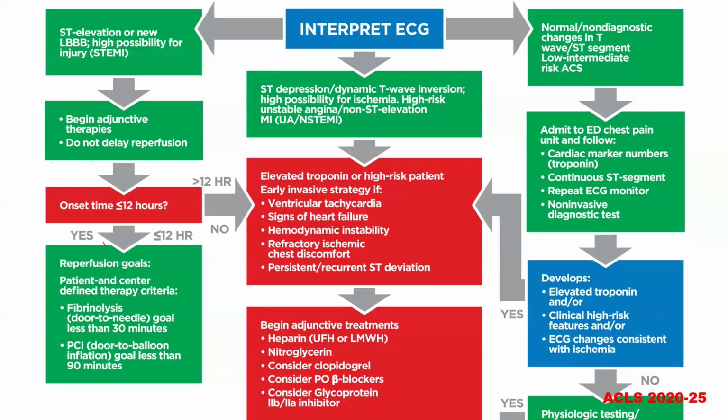If the patient does not have STEMI, meaning non-STEMI, with ST depression or dynamic T wave inversion, then elevated troponin in a high-risk patient, early invasive strategy, ventricular tachycardia, signs of heart failure, hemodynamic instability, refractory ischemic chest discomfort, persistent recurrent ST elevation, especially if you have all those things, then you start heparin, nitroglycerin, Plavix, consider beta blockers, and glycoprotein 2B and 3A inhibitors.